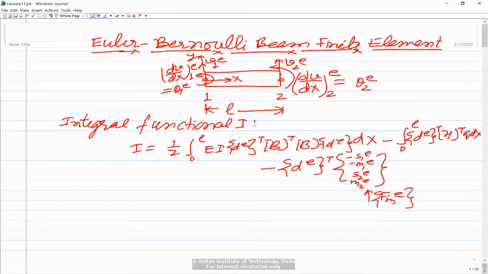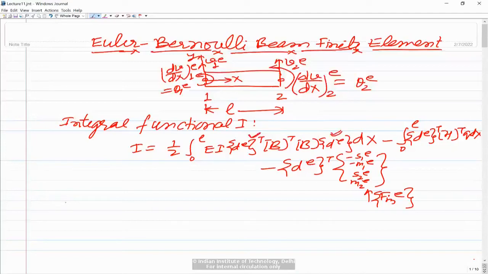Now, here b is a function of x, but d is the nodal values of v and dv by dx, so that is independent of x. So d transpose can be taken common on the left hand side, and d on the right hand side.